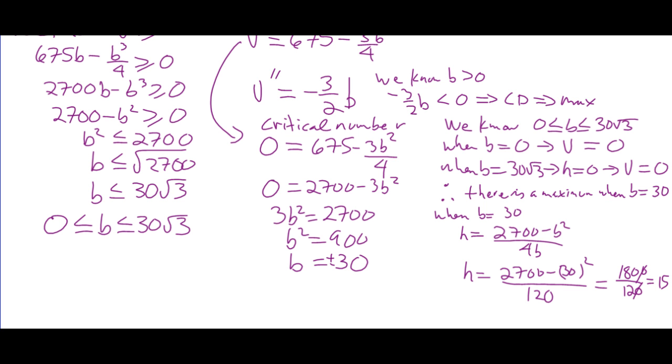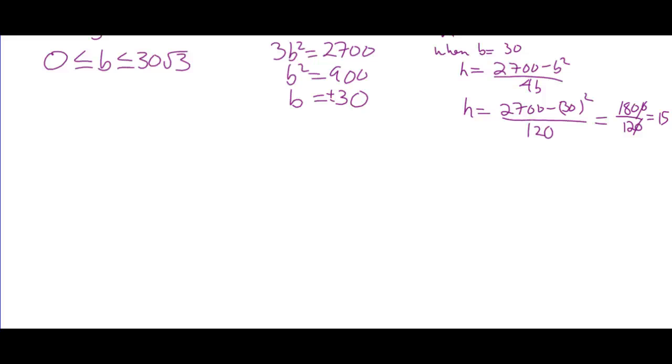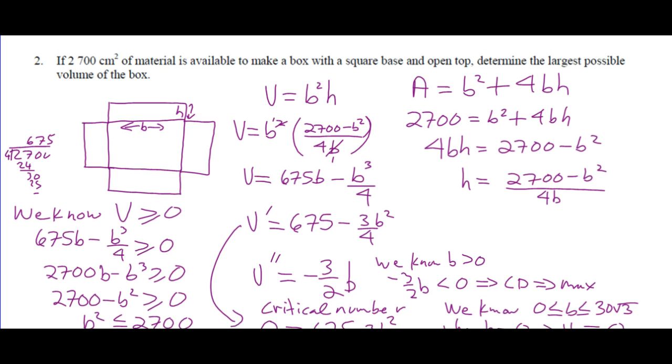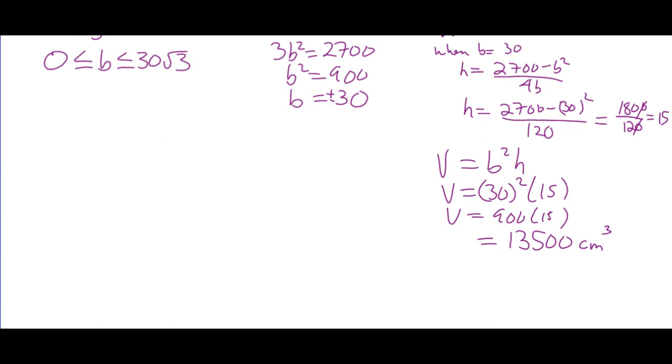I think you're right. Yeah, 12 times 50, yeah. Cool. It's going to make the volume easier to work out. So v is equal to b squared h. 30 squared times 15. 900 by 15, so that's 9,000, and then half of that, 13,500. What units? Is it centimeters? Yeah, so 13,500 cubic centimeters.